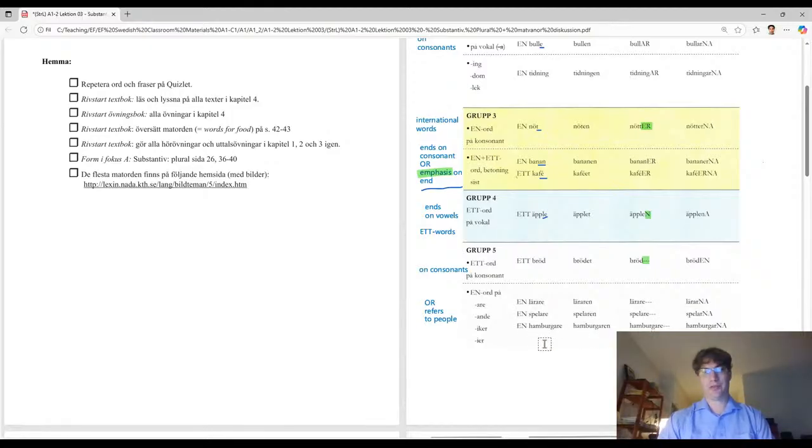And you also have it for the ones that are like -iker, that's like a musician. We could say en musiker, the same here, musikern, and then många musiker, and musikerna, like that.